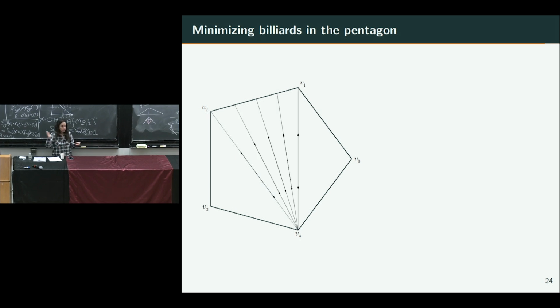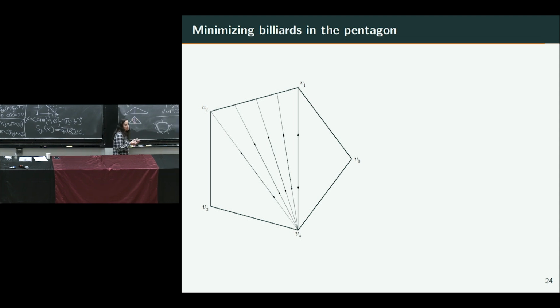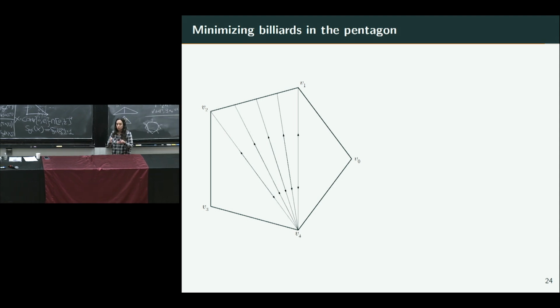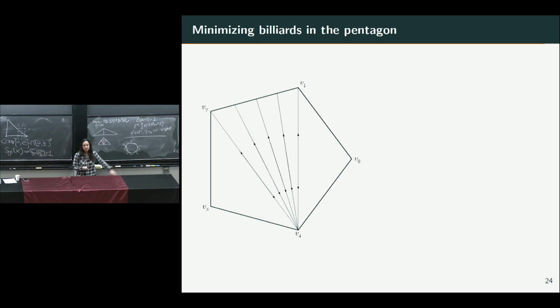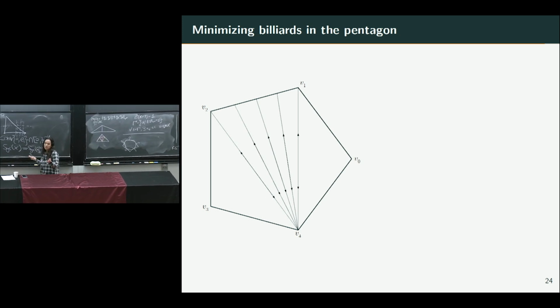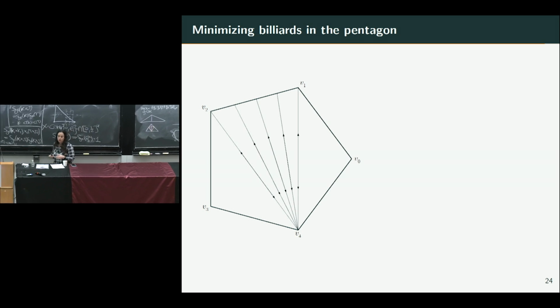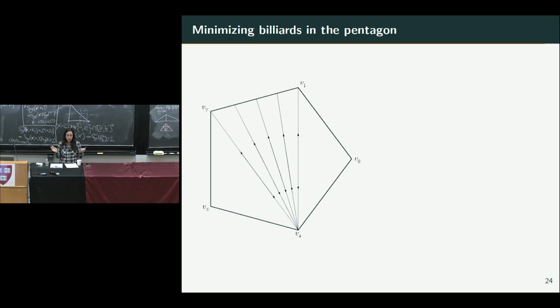So all the curves look like this. It turns out that all of these two bounces have the same length when measured with respect to this pentagon. So any one of these two bounces is a minimizer.